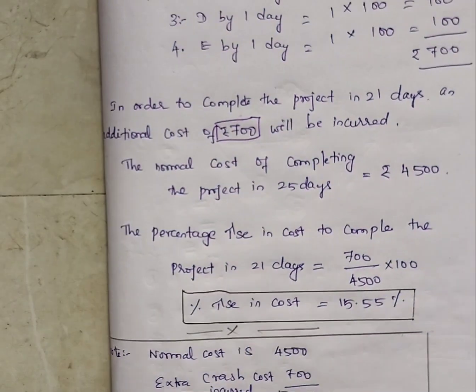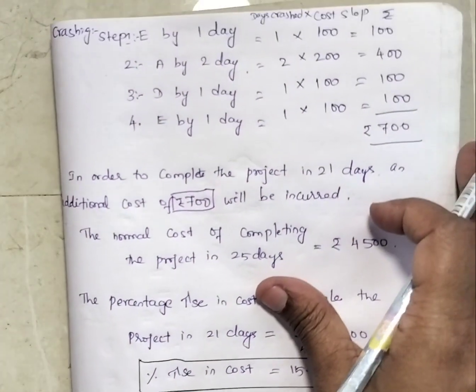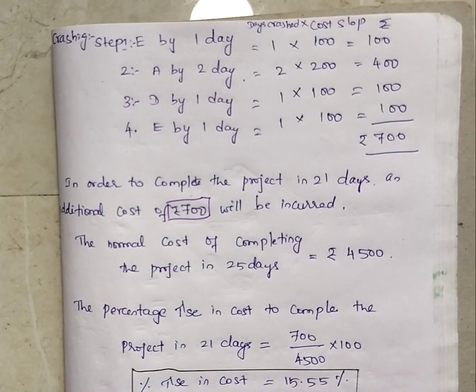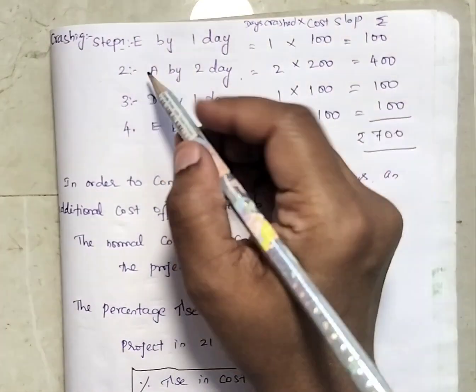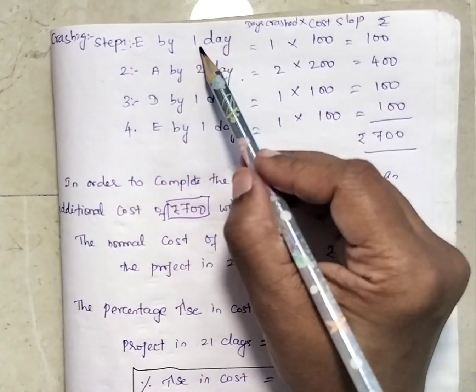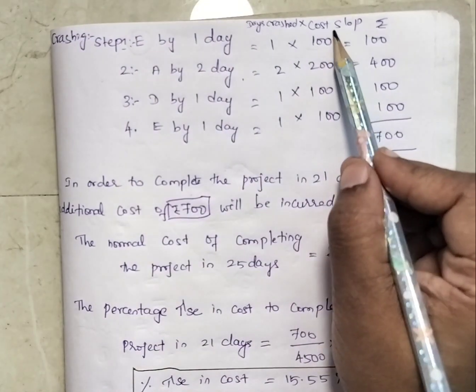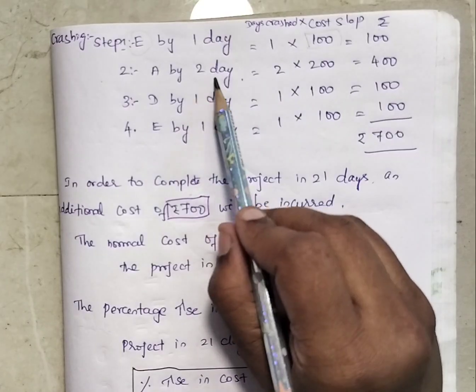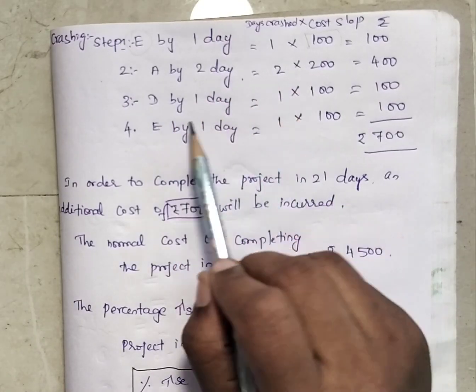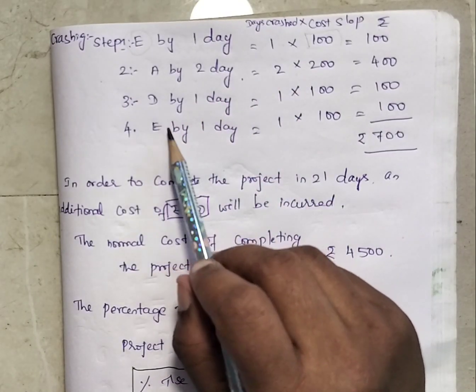Okay, final step, we are going to find the crash cost amount. In the first step we reduced E by 1 day, in the second step A by 2 days and D by 1 day, and in the fourth step again we reduced E by 1 day.